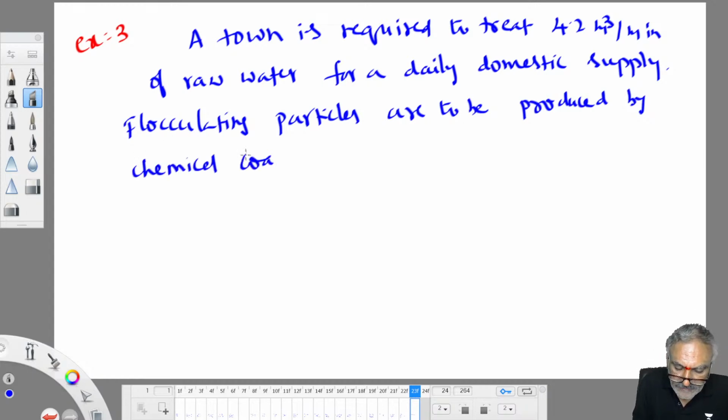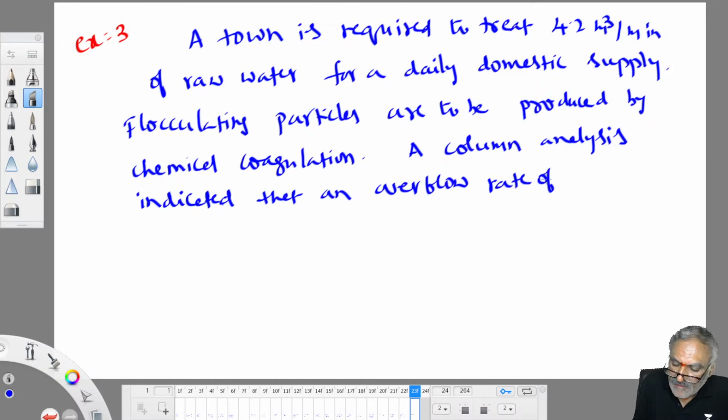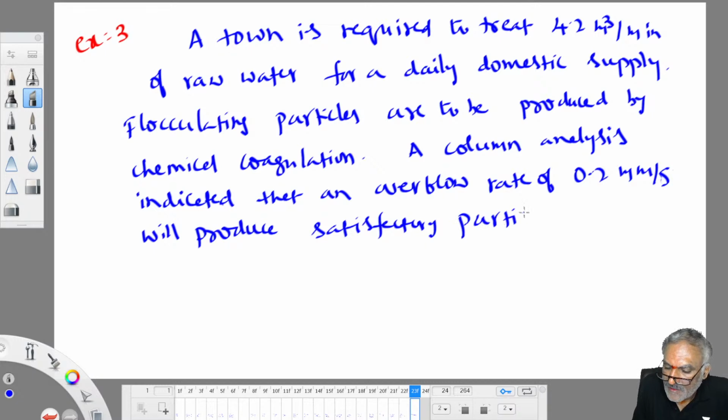Of course, a column analysis indicated that an overflow rate of 0.22 mm per second will produce satisfactory particle removal in a settling basin. The question is very long, but the answer is only one line.